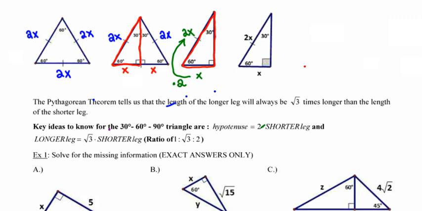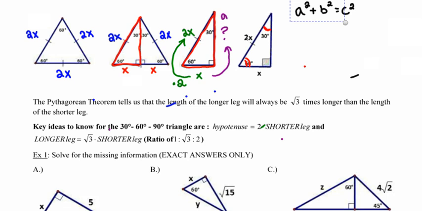But what about the relationship that exists between the shorter leg and the longer leg? For lack of something better, I'm going to call the longer leg a. And in order to determine that relationship, I'm going to go back to my trusty Pythagorean theorem, a squared plus b squared equals c squared. And again, I'm working in this right triangle where one of the angles measures 30, one of the angles measures 60.